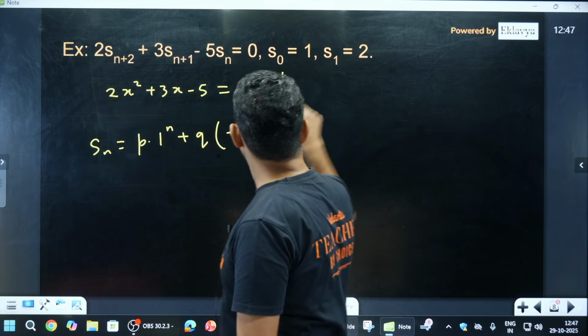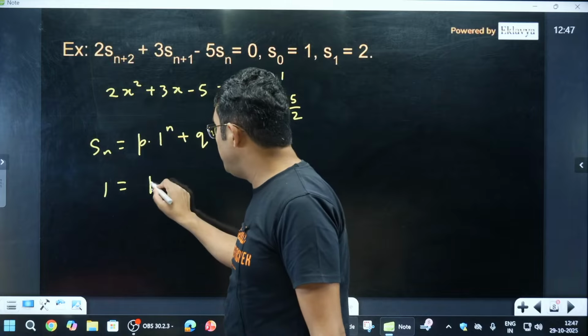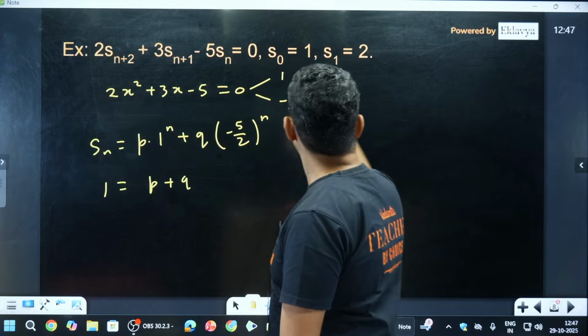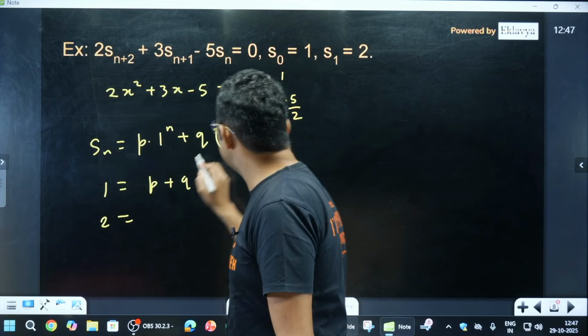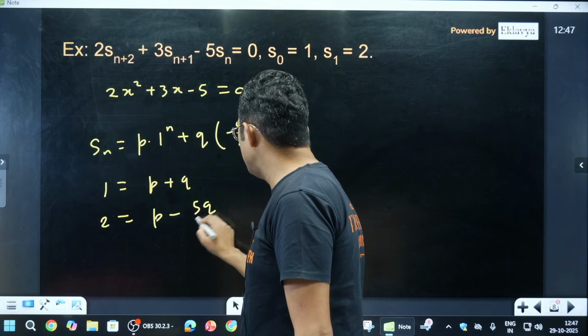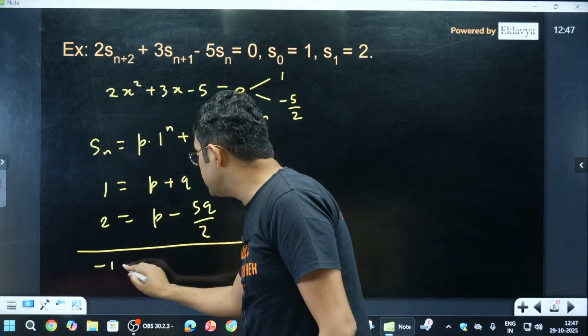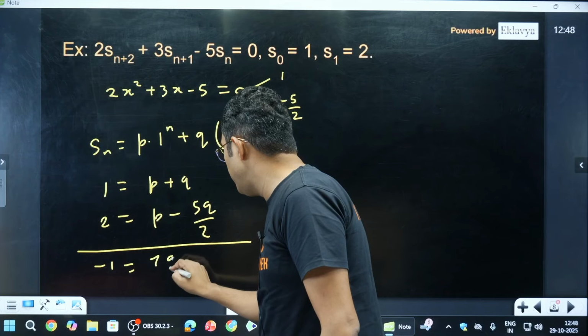Now we are given S0, that is 1. S0 is equal to 1 means it should be p plus q. S1 is 2, so if you put n is equal to 1, we get p minus 5q by 2. Now if you solve it, subtract, you get minus 1 is equal to 7q by 2.